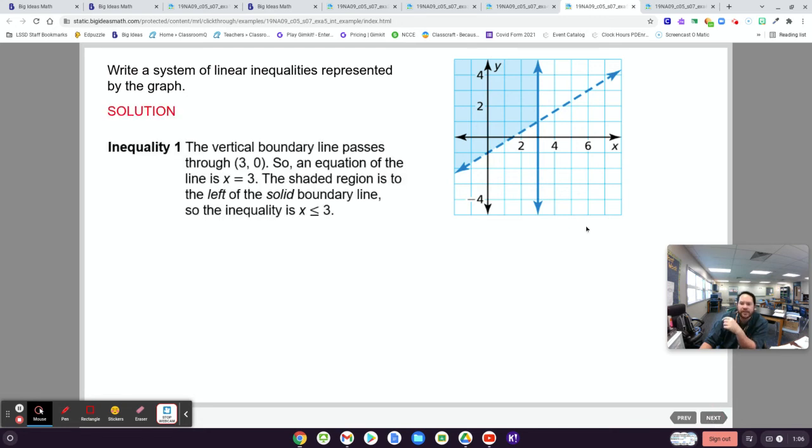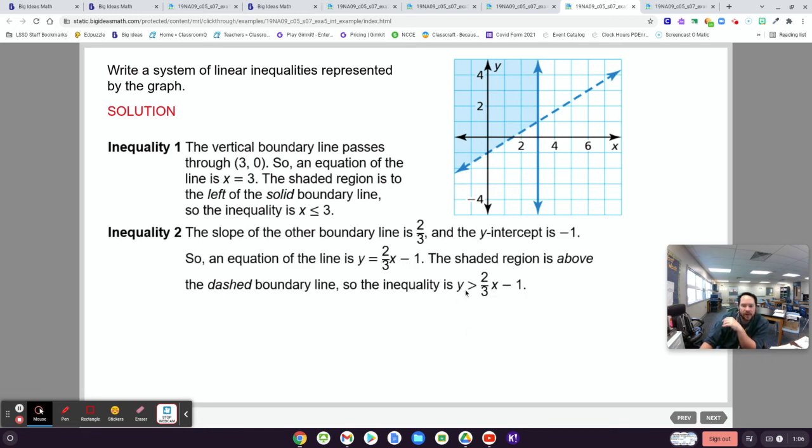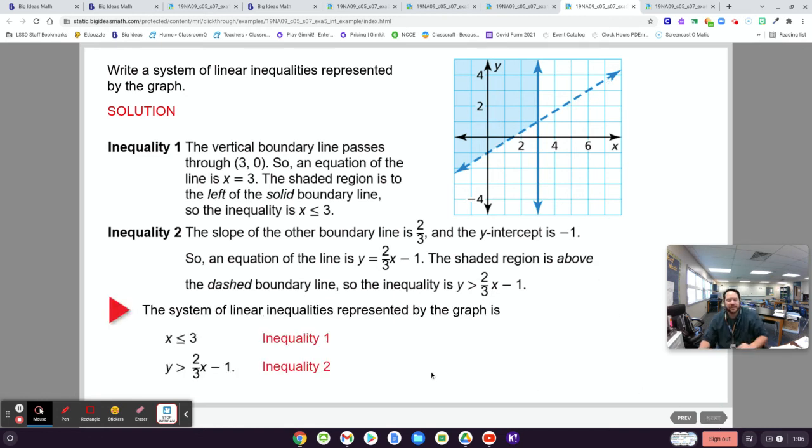And then you have this other one that's going to be a y equals mx plus b type form, shaded above that. So it ends up being y is greater than 2/3 x, because your slope is up 2 and over 3 on this dotted line. And the y-intercept is -1 right here. And it's greater than because it's a dotted line shaded above. So that is our system of inequalities there.